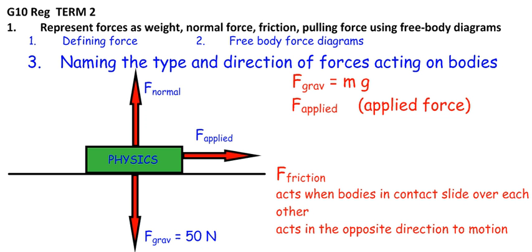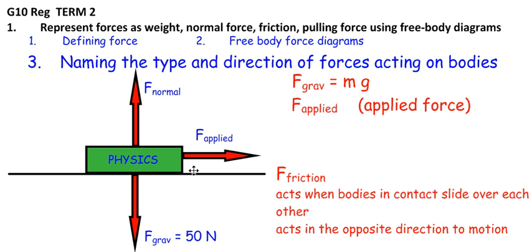Now, if the body was set in motion, either by the action of an applied force or whichever way, it would be in contact with another body. In that case, there will be another force, a force of friction. Friction force acts when the bodies are in contact with each other, and it will act in the opposite direction to the motion.